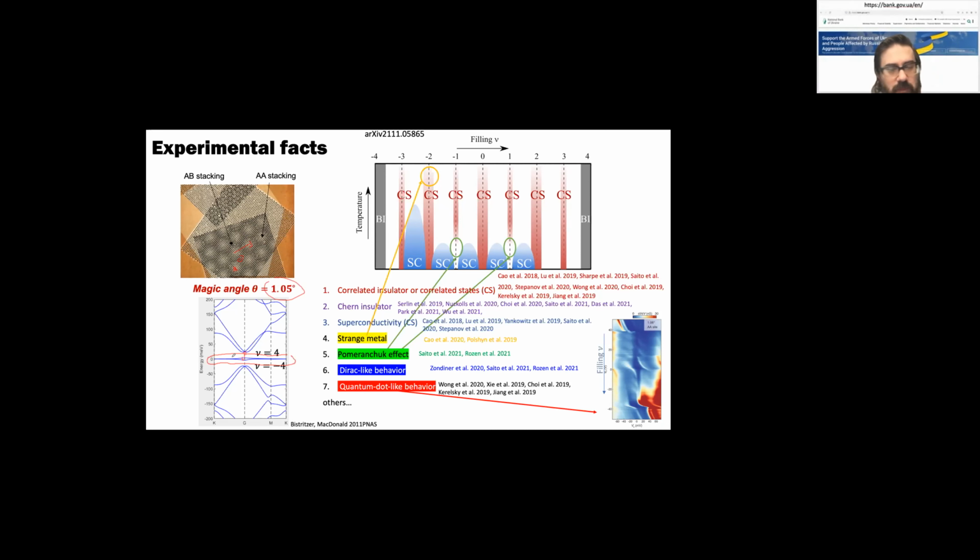These two bands per valley, per spin, basically let you put 8 electrons per unit cell in them, so 2 times spin times valley.